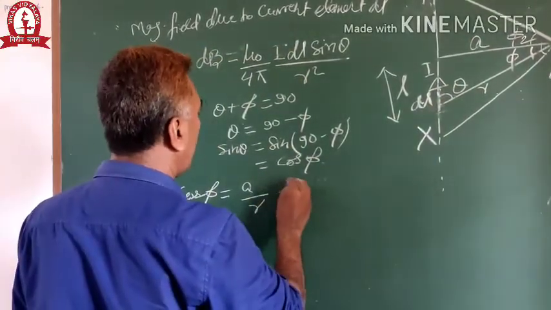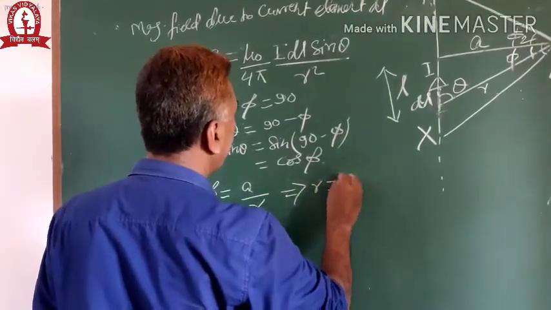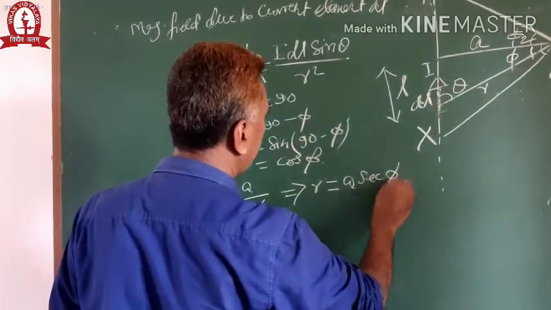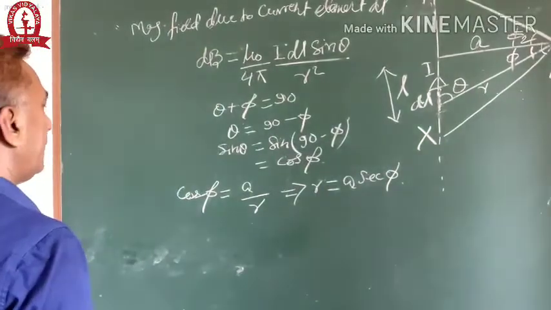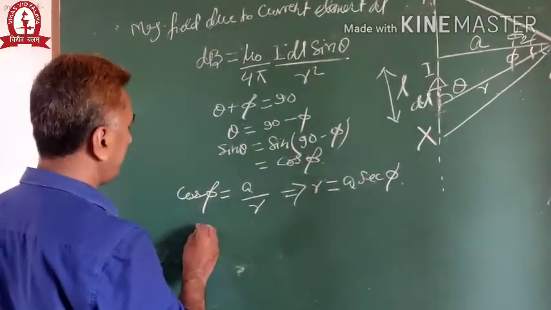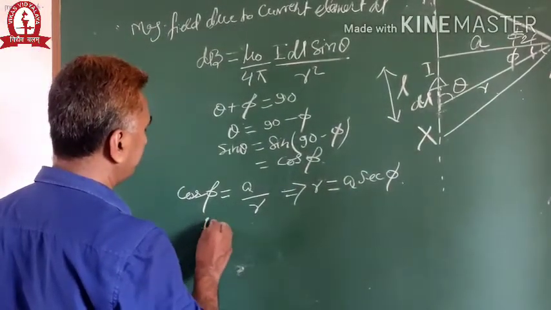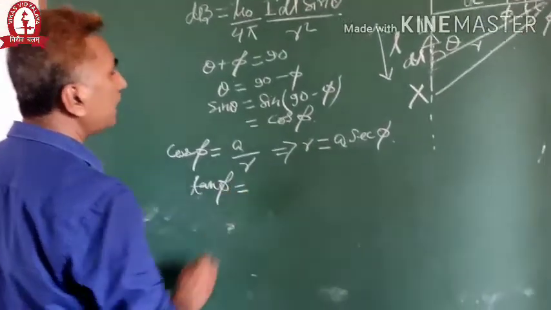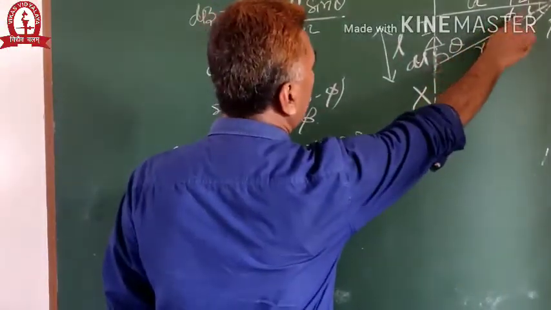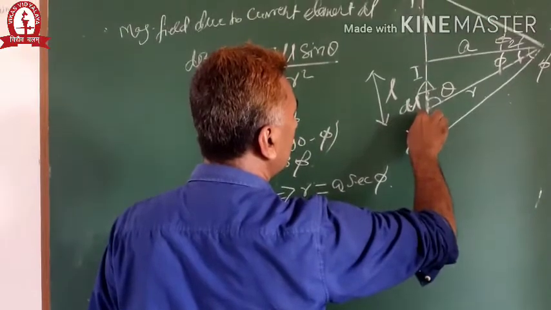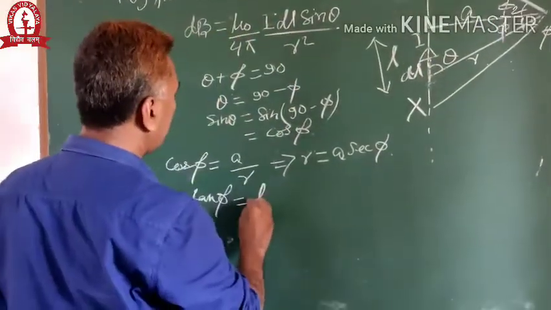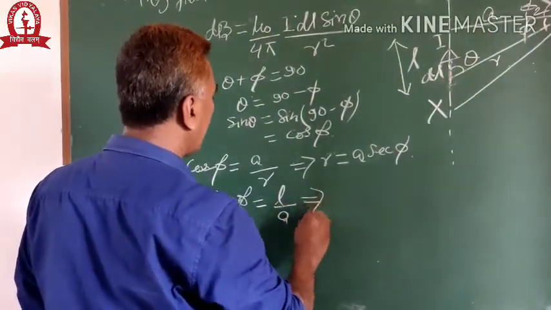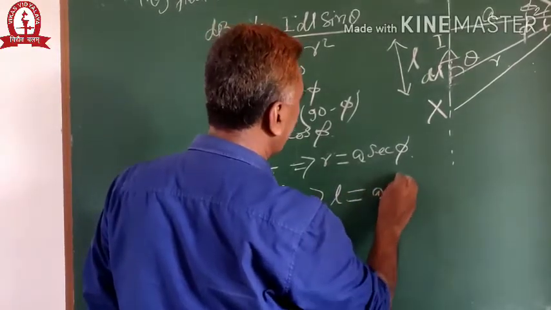So r will be equal to a sec phi. What about tan phi? Tan phi is equal to L upon a. So this implies L is equal to a tan phi.